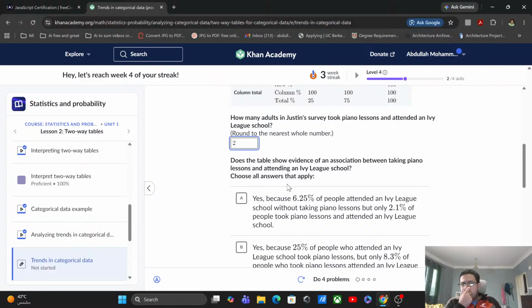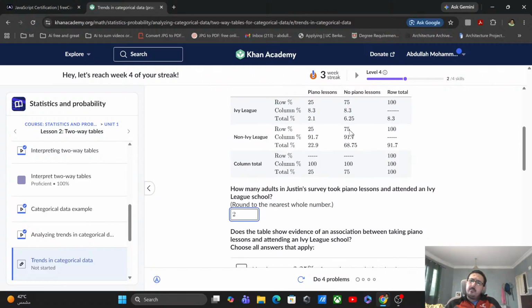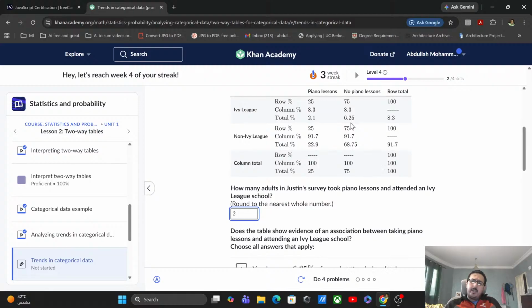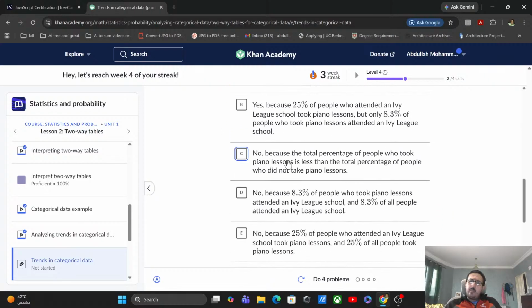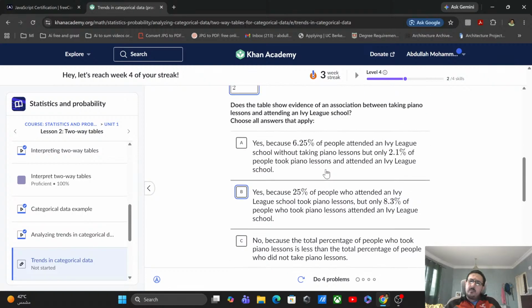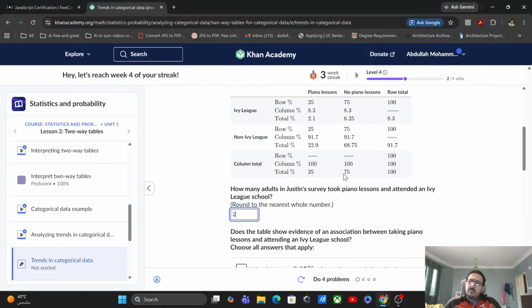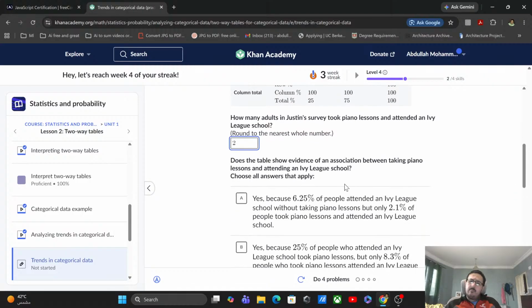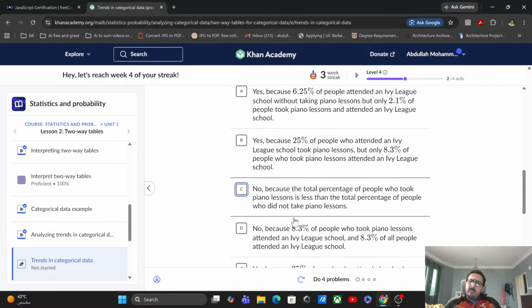Choose all answers that apply. 6 people didn't take, so no. Looking for no because the total percentage of people with piano lessons is less than the total percentage of people who did not take piano lessons. But that's not.